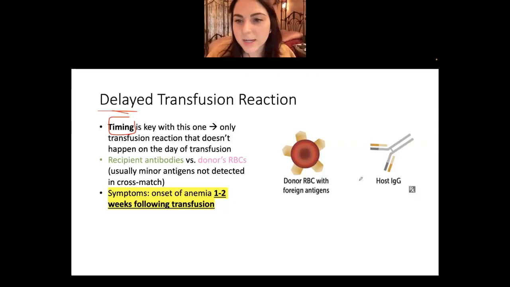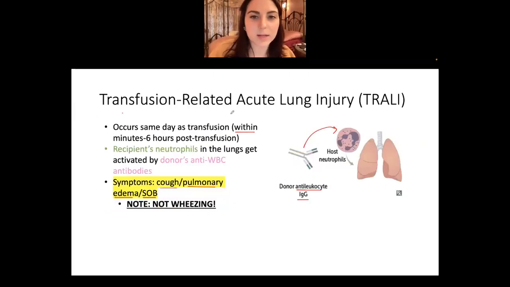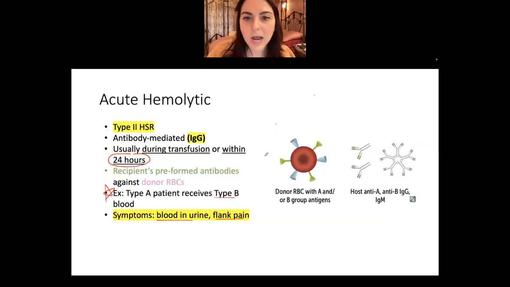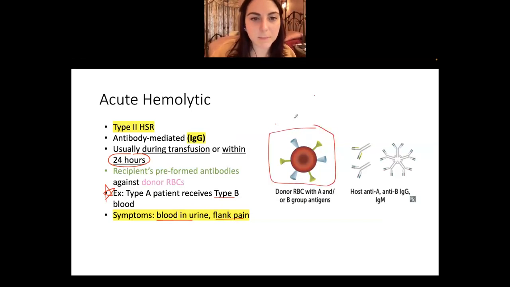And what happens here is the recipient's antibodies, so the recipient makes antibodies against donor red cells. Remember how this sounds the same as this one? It's the recipient's antibodies against donor red cells, but that one's really bad because, think of a type A person receiving type B blood.